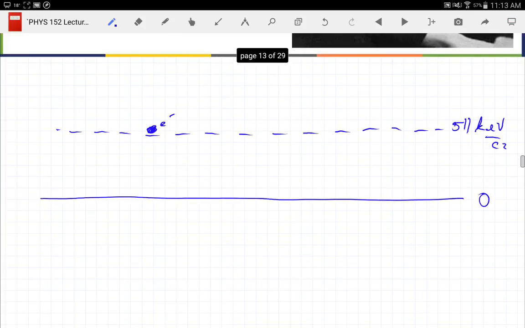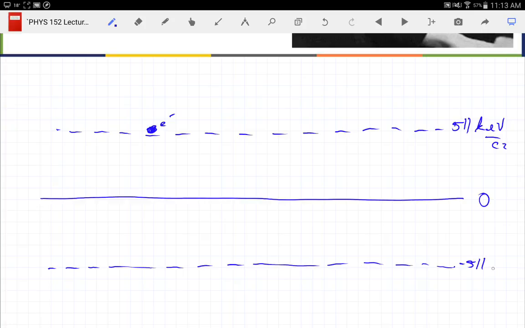But down below, we're going to have a symmetrical line that's at minus 511 kiloelectron volts per c squared. And here I'm going to have a missing electron. Basically what he says, there's this thing, he called this down here the electron sea.